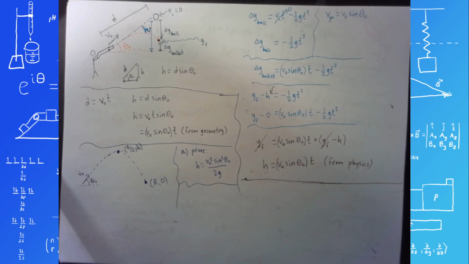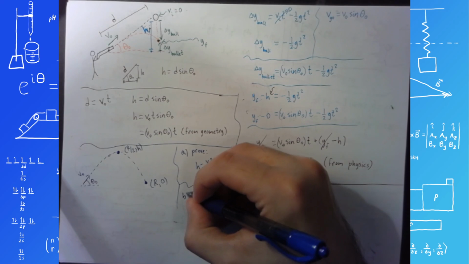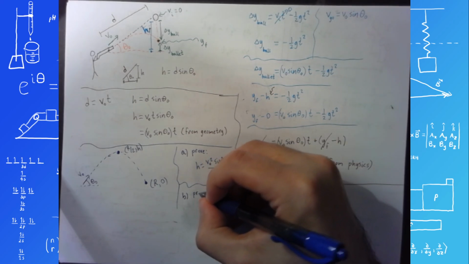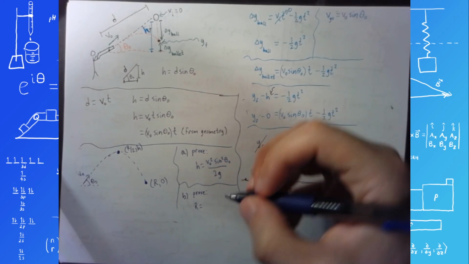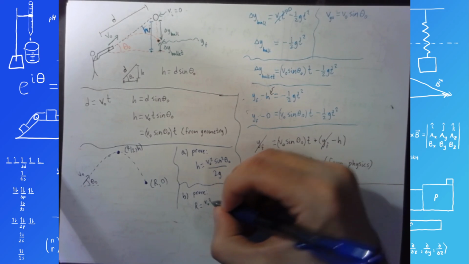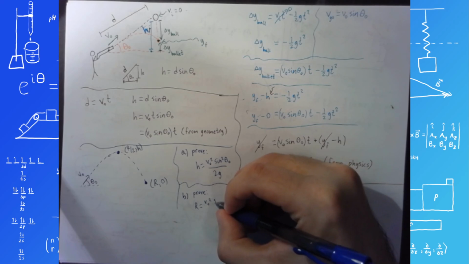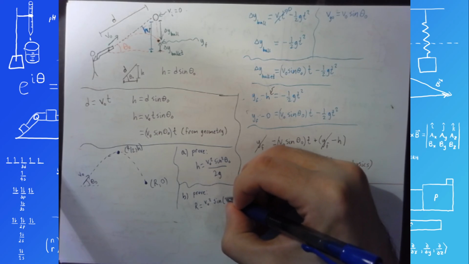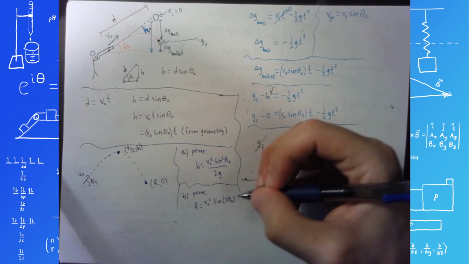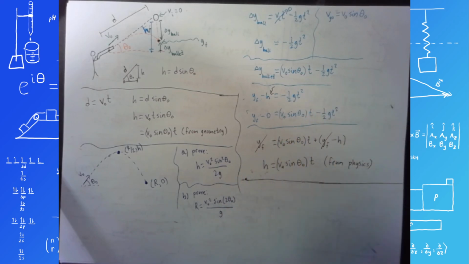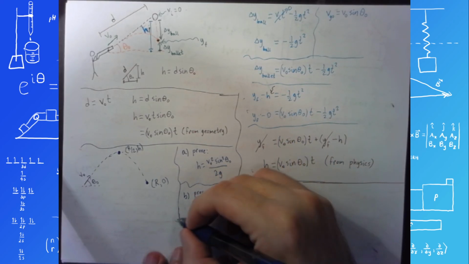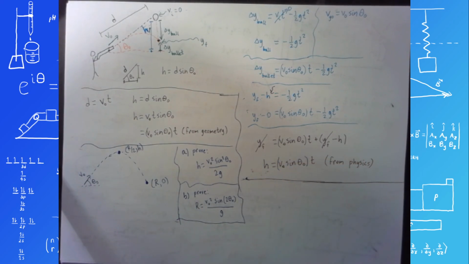Part B says, show that the horizontal range of the projectile is given by, so show B, prove, show that the horizontal range is equal to, and they say v0 squared sine of 2θ0 all over g. Okay, those are the two things that they want us to prove.